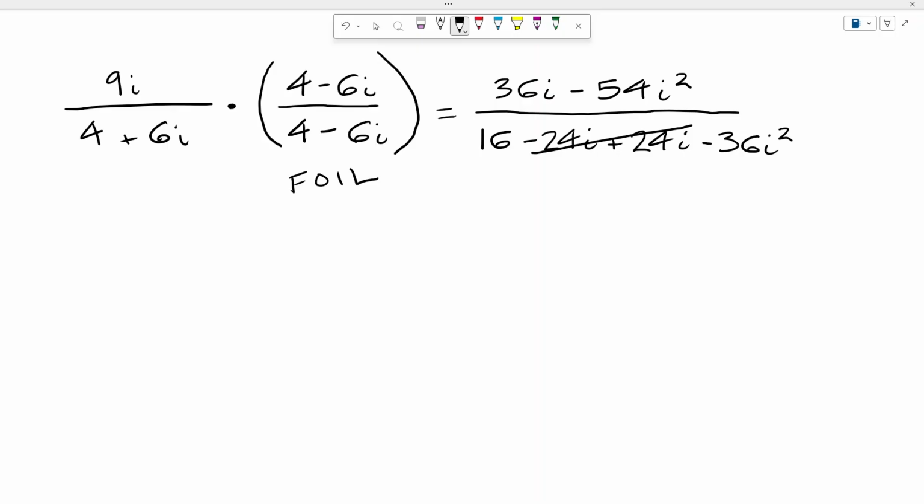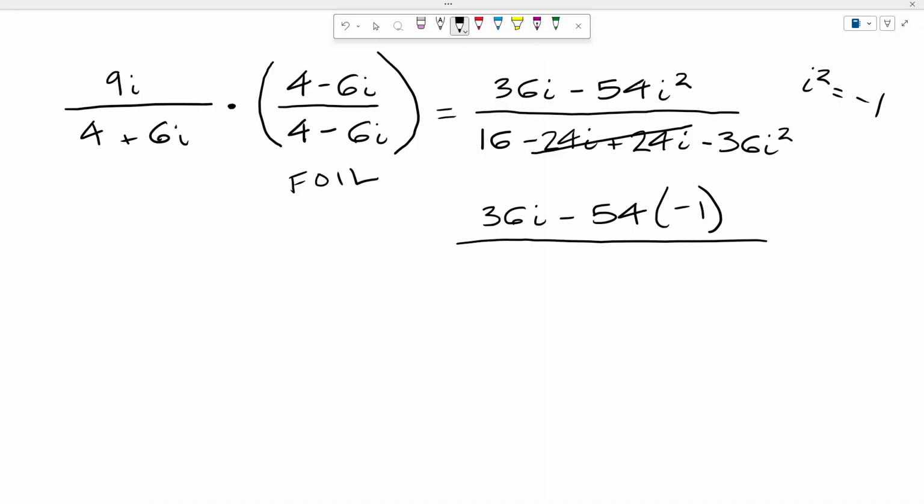And then we'll be able to apply this in the top and the bottom. 36i minus 54, and remember, we see that i squared is the same thing as negative 1. So we'll take that times negative 1. And then on the bottom, 16 minus 36 times negative 1.